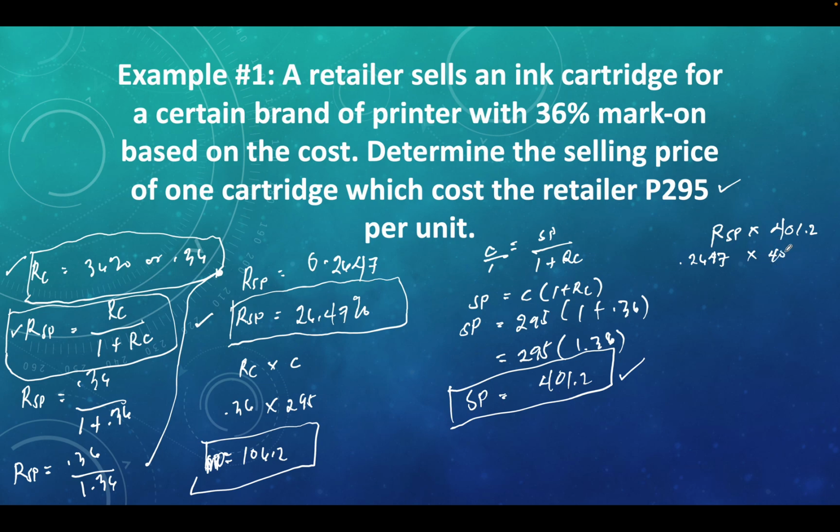multiply by 401.2. So, in your calculator, 401.2 multiply by 0.2647, that is equivalent to mark on natin, based on selling price, equivalent to 106.19764.